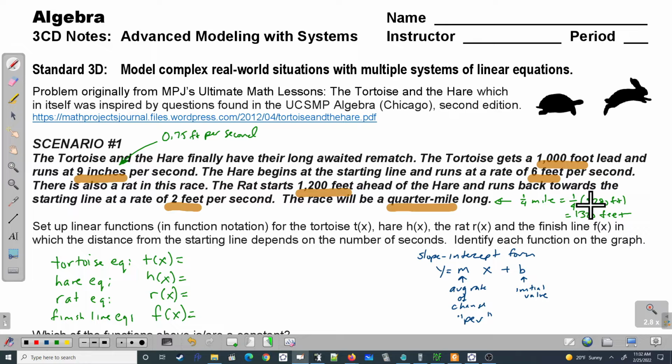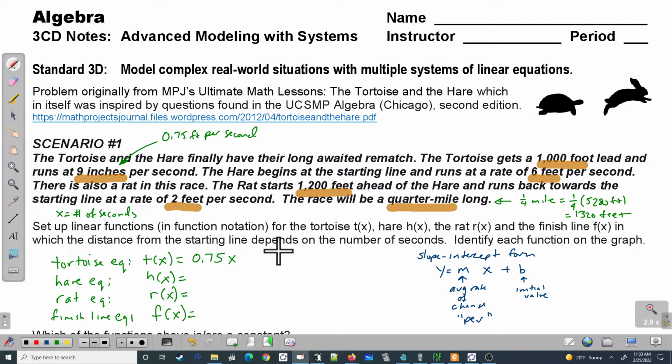Let's start with the tortoise. Instead of saying 9 inches per second, which would be his rate of change, or it's her, I shouldn't be sexist. All right? We'll say 0.75. I've already said that x is going to be the variable, so x is going to have to be the number of seconds. So 0.75x.